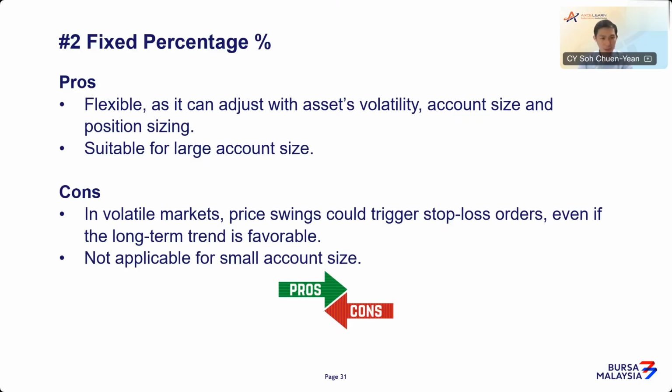So now you are able to see that if you are trying to do 1% or even 2%, your cut loss can seem very, very narrow and very easily hit. If your account size is 100,000 or more, then it is easier for you to apply a fixed percentage approach. So if you intend to use this method, don't worry. Probably someday, when your account size keeps growing larger, you will be able to use this method.